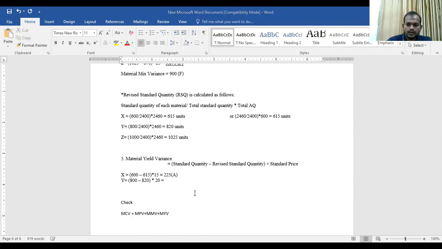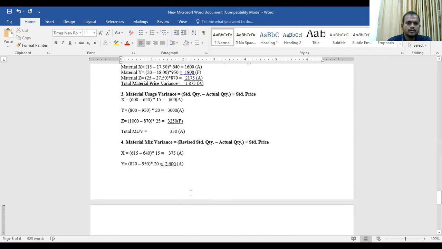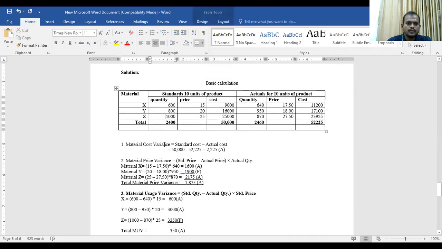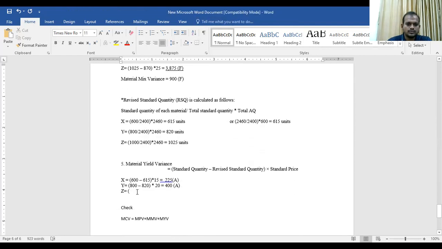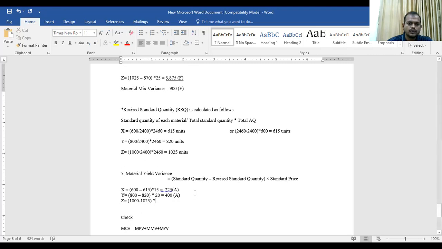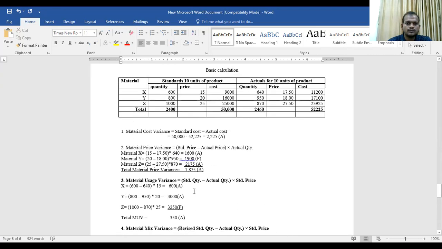It comes to around 400 adverse. Then standard quantity 1000 and revised standard quantity 1025, into standard price 25 rupees.